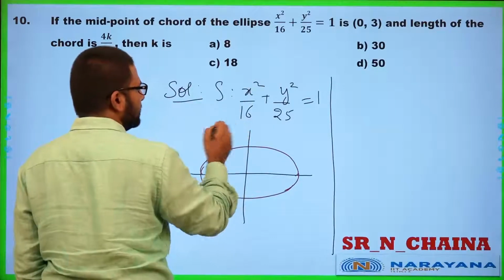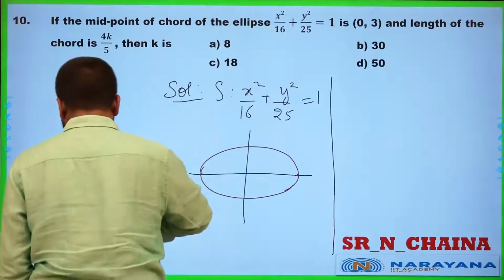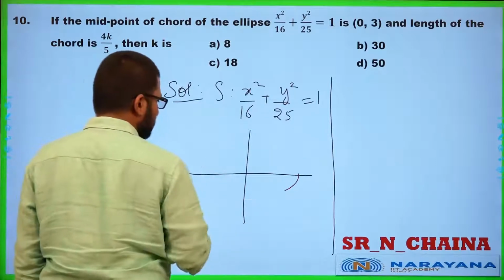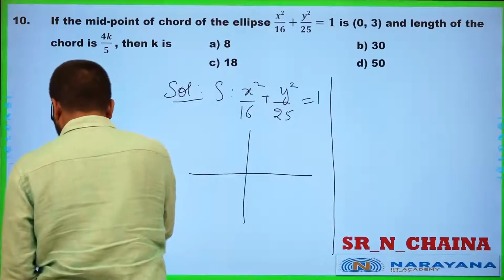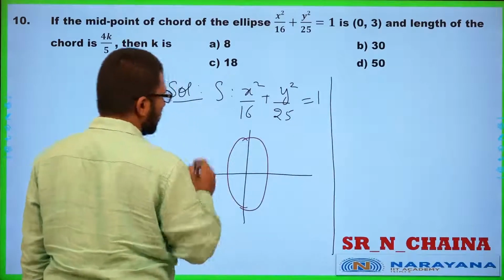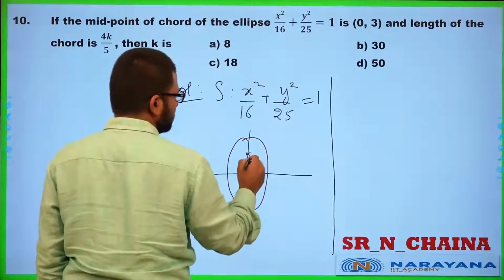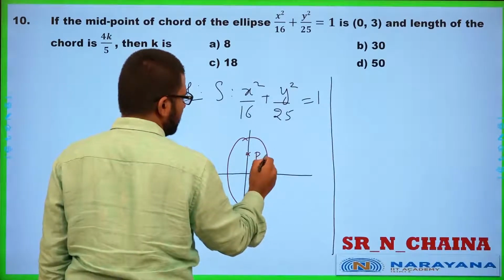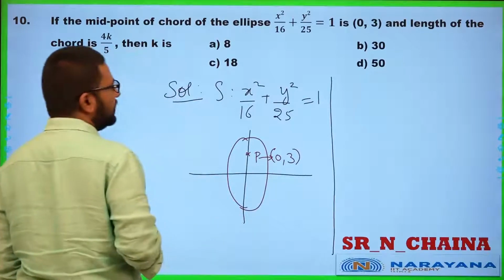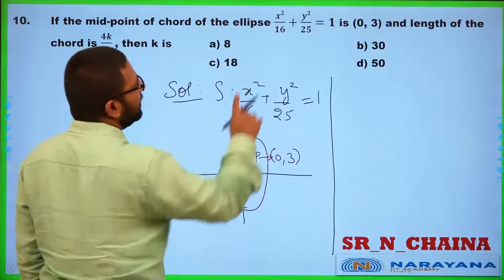First of all, 16 and 25 means A is less than B, so it should be the other way around. This ellipse's major axis should be along the y axis, something like this. Clearly this value is 5 and we have a point (0, 3), right? Let us call this point P (0, 3).